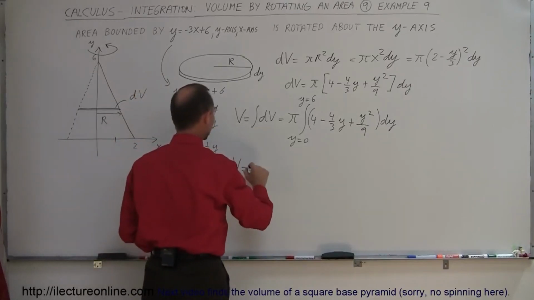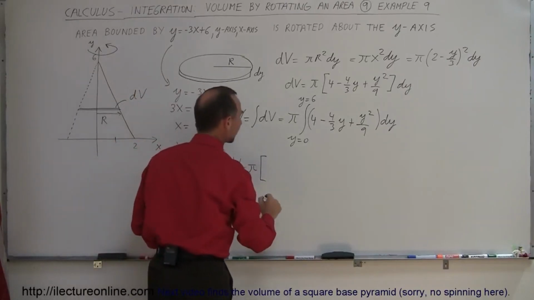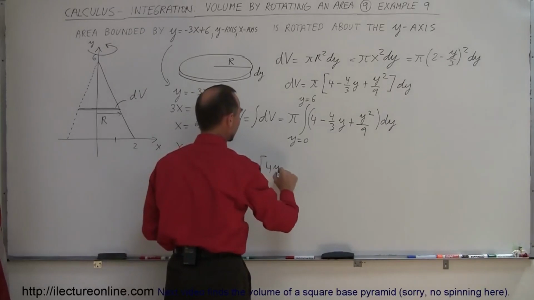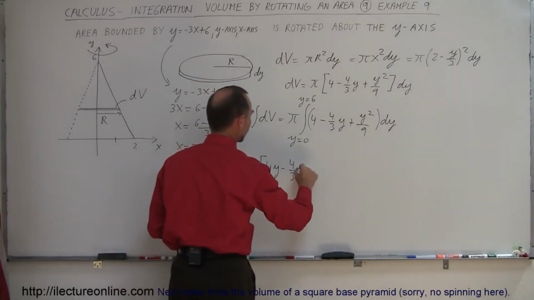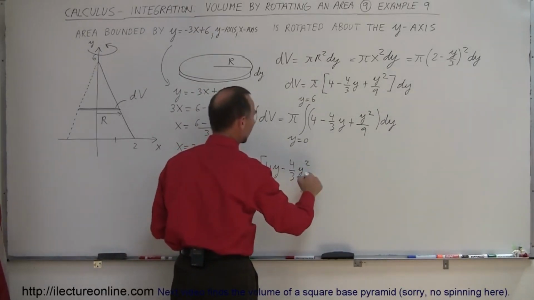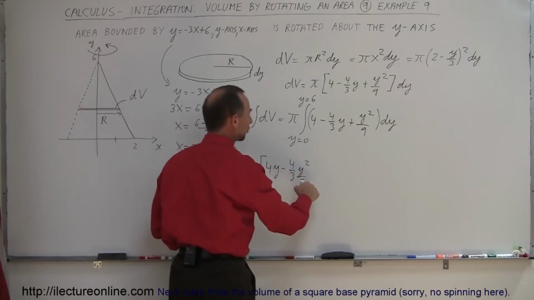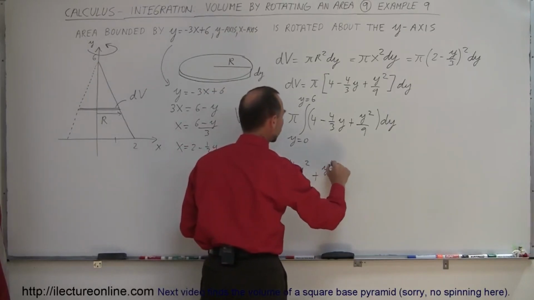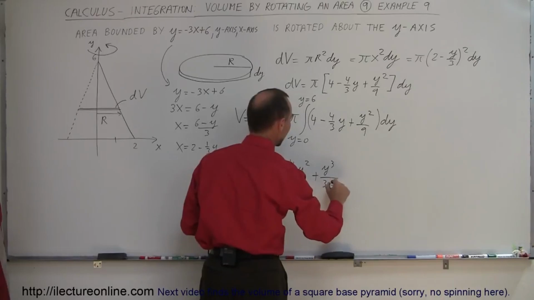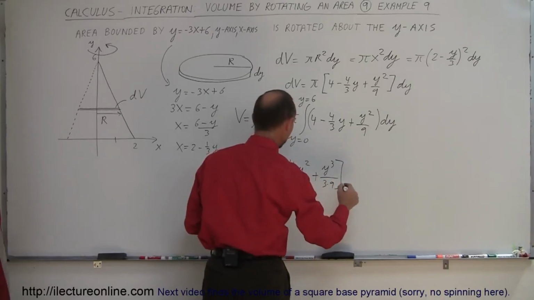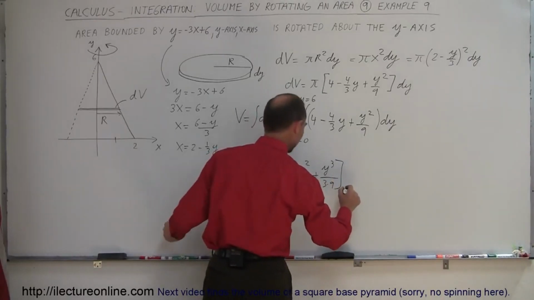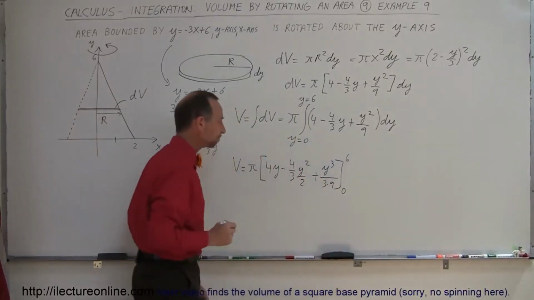So volume is equal to pi times 4y minus 4/3 y squared over 2. Add 1 to the exponent, divide by the new exponent, plus y cubed over 3 times 9. And so the limits are from 0 to 6.